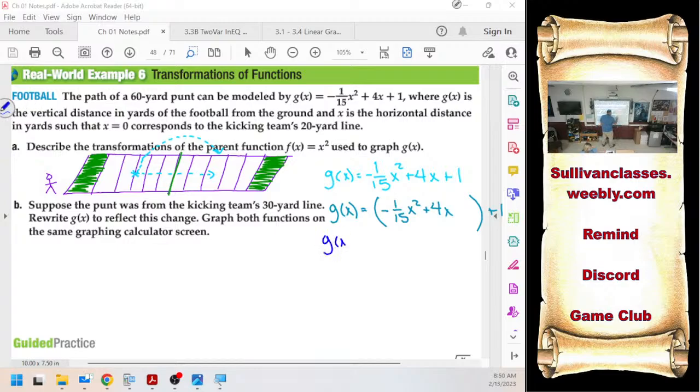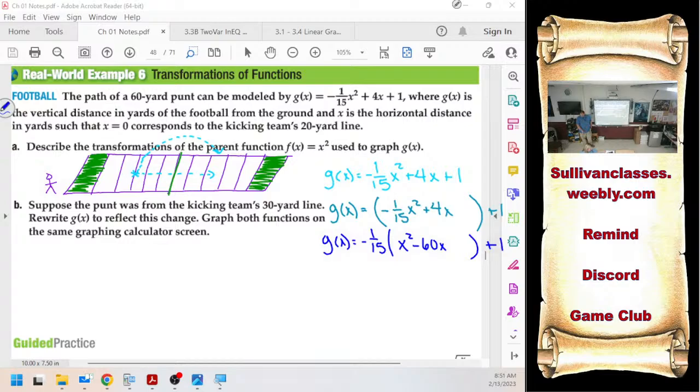So a negative 1/15 out here. If I take this divided by negative 1/15, I just get x squared. Dividing by fractions, easy as pie. Flip second, multiply. If I divide 4 by negative 1/15, I'm really multiplying by negative 15. Negative 60x. Still got that 1 hanging out there.